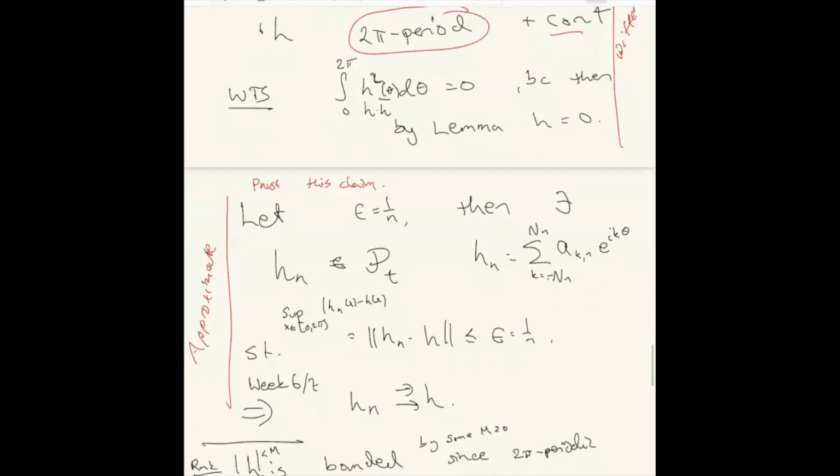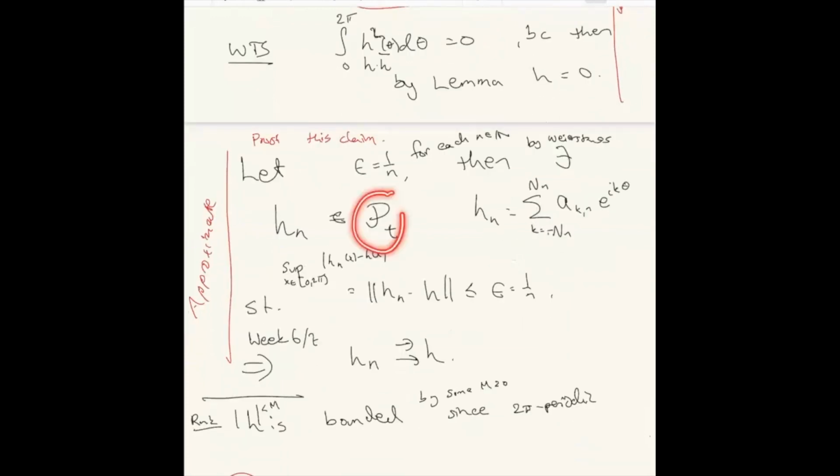Okay, so let's fix epsilon 1 over n for each n in the natural numbers. Then there exists, by the theorem of Weierstrass, h_n in the trigonometric polynomials. That is, they can be written as a sum of a_k e^{ik theta}.